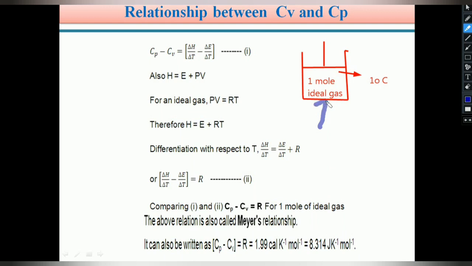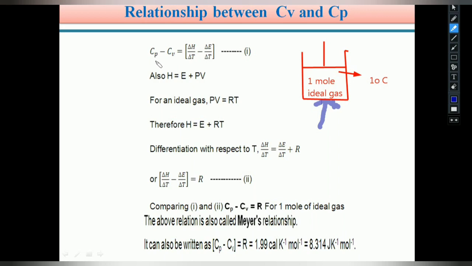In order to calculate its value, you can calculate specific heat at constant pressure and specific heat at constant volume. Students, in the previous slide we developed Cp equals delta H by delta T. Heat capacity at constant pressure is the increase in the enthalpy of the system with temperature, and Cv is the increase in the internal energy of the system with temperature.